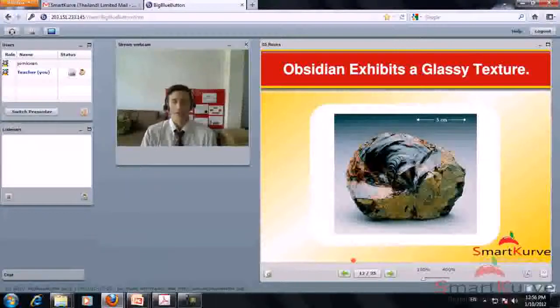That means that's igneous rock that cooled very, very quickly. It went from being very hot liquid magma to a solid almost instantly.